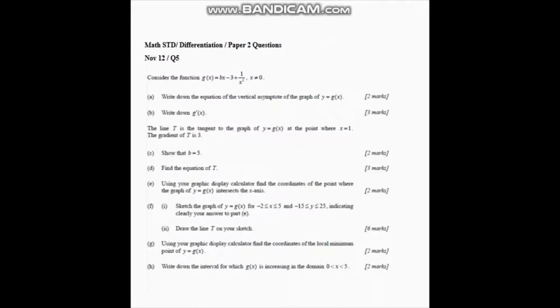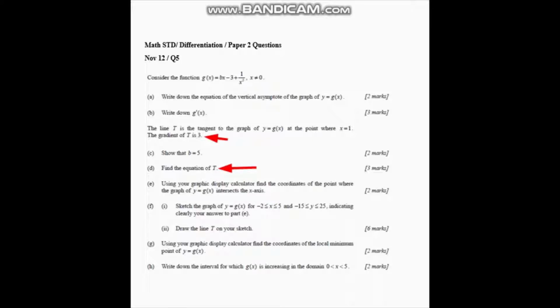Next, I'm asked to find the equation of the tangent, and since the tangent is a line, in order to get the equation I need a point and the slope. The slope, or the gradient, is given to be 3 in the question. So all I need now is a point on this line. Usually this is the point where the tangent intersects the graph.